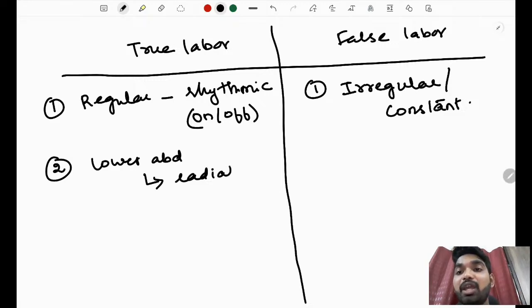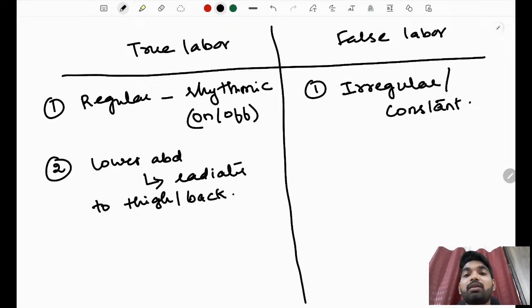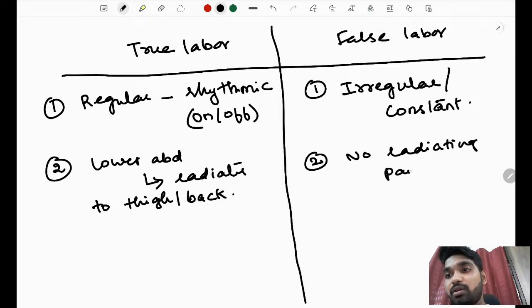In true labor it will radiate to the thigh and back. The mother will be experiencing radiating pain in the thighs and back. Whereas in false labor there is no radiating pain, only pain in the lower abdomen.